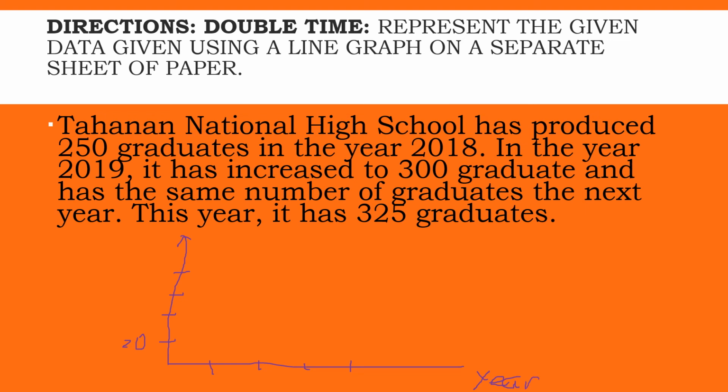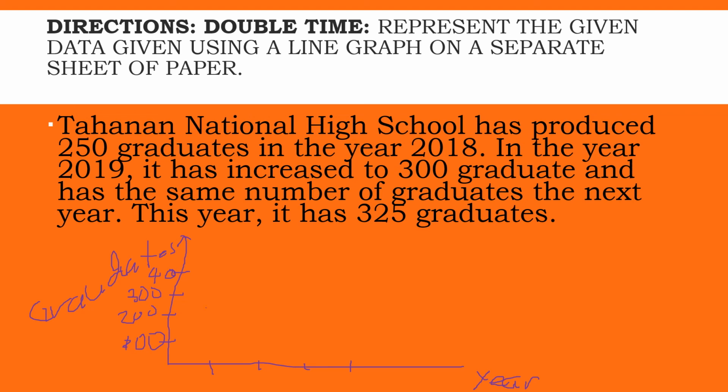So graduates dito sa side na to. You start from 100, then 200, 300, and then 400. There are only 4 years kasi we started from 218, which is 250.